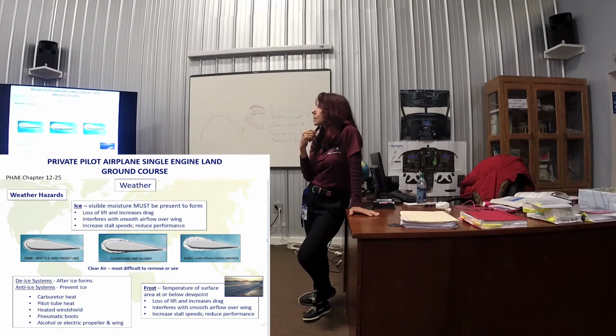Frost and ice cause a loss of lift and an increase in drag, interfere with the smooth airflow over the wing, increase stall speed, and reduce performance. Remember, you're looking at indicated airspeed. Increases stall speeds.